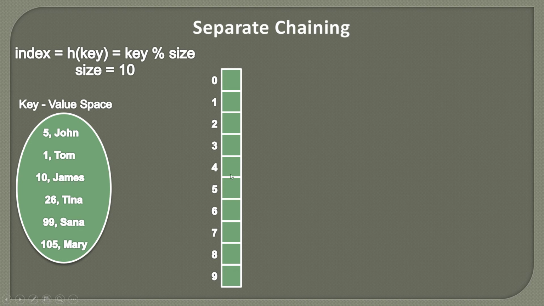So here, instead of an array of key value pairs, we take an array of hash nodes. If we want to store 5, John, we first pass the key into the hash function. We get the index, which is 5.